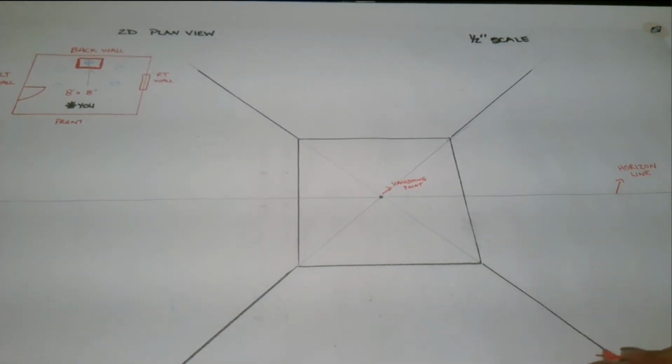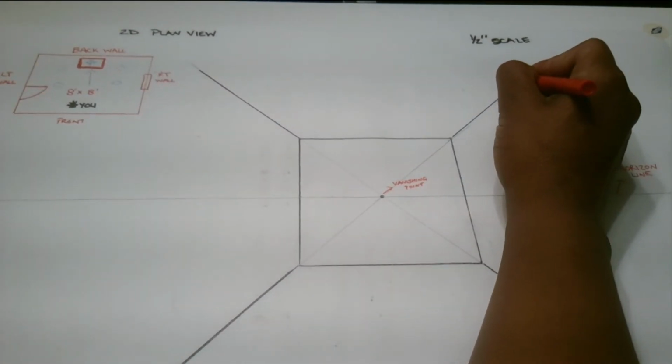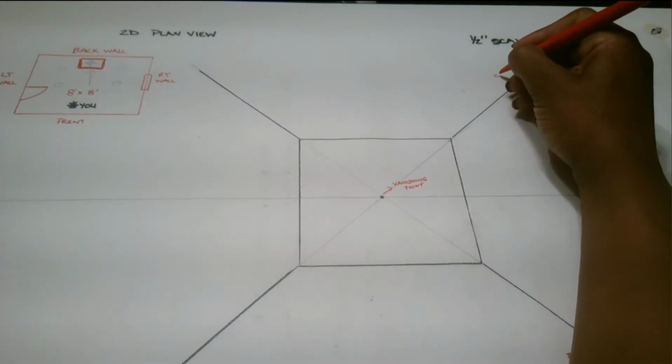So below here is your floor line, and up here is your ceiling.